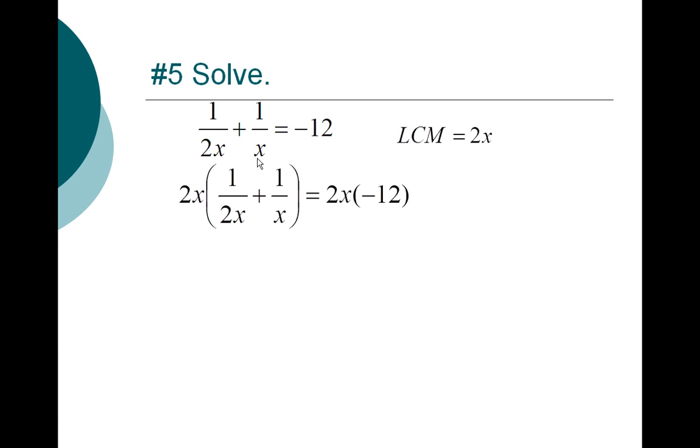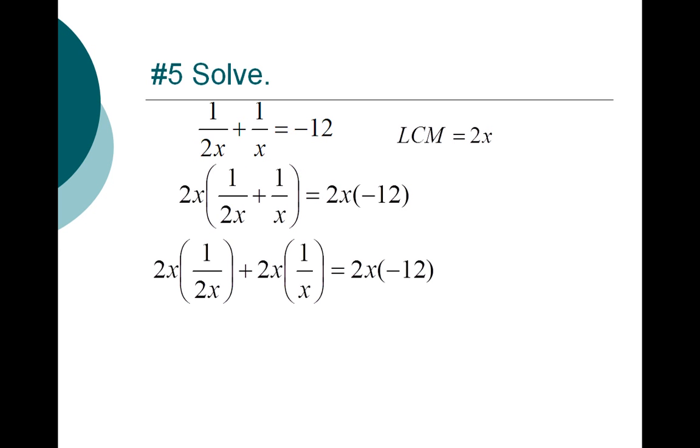So once we multiply both sides by 2x, we have to multiply every term, and we figure out what cancels. 2x times 1 over 2x, what cancels? Everything. 2x times 1 over x, what cancels? Just the x's. And on the right side of the equation, nothing cancels.